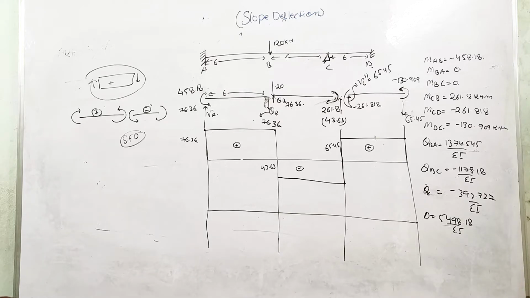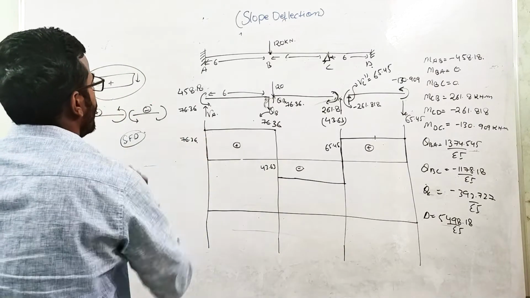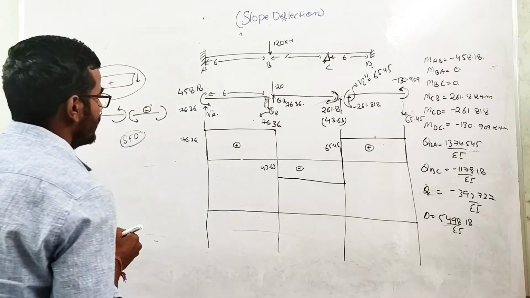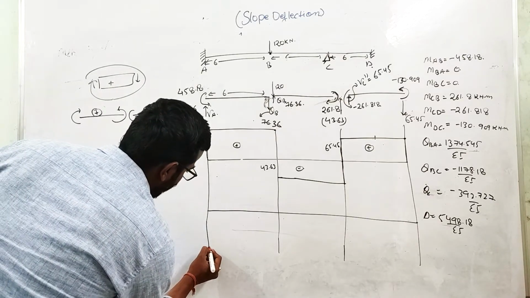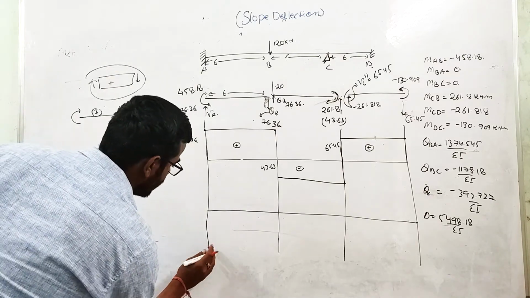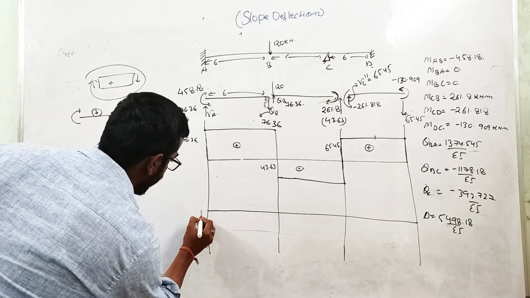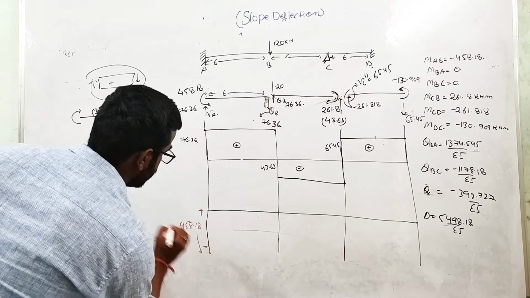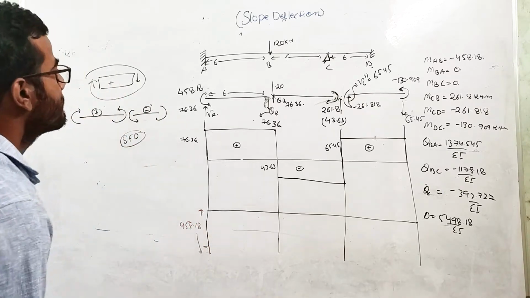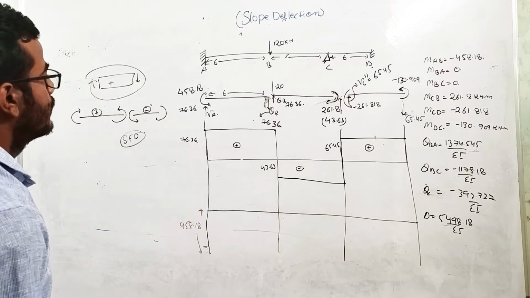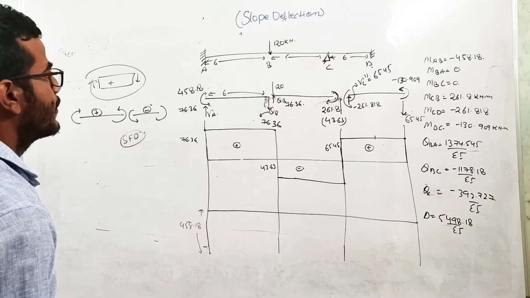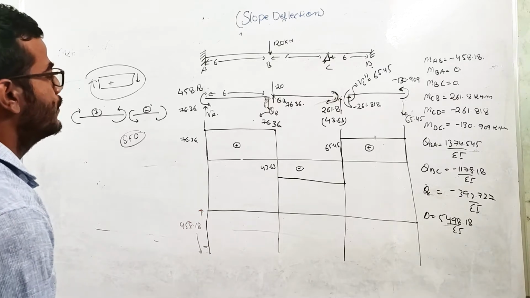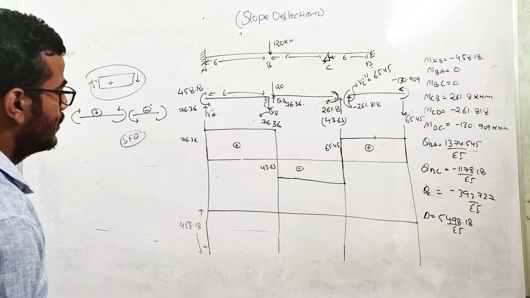So now let us draw the bending moment diagram of this beam. What are the details I know? At this end, there is some hogging moment of minus 48.3. So our bending moment diagram will start from here, and let us suppose this value is 458.8. The variation will be linear because there is no UDL acting on the beam, only point loads.